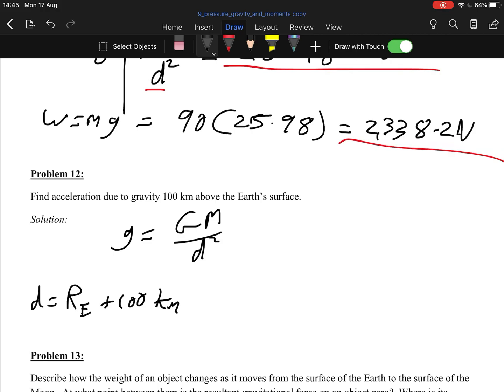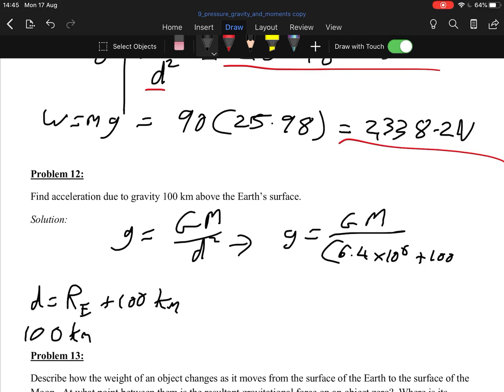So g equals the gravitational constant times the mass of the Earth from the previous question, over 6.4 times 10 to the 6 plus 100. Oh, we have to convert kilometers to meters. So what do we do? Multiply by 1,000 meters.